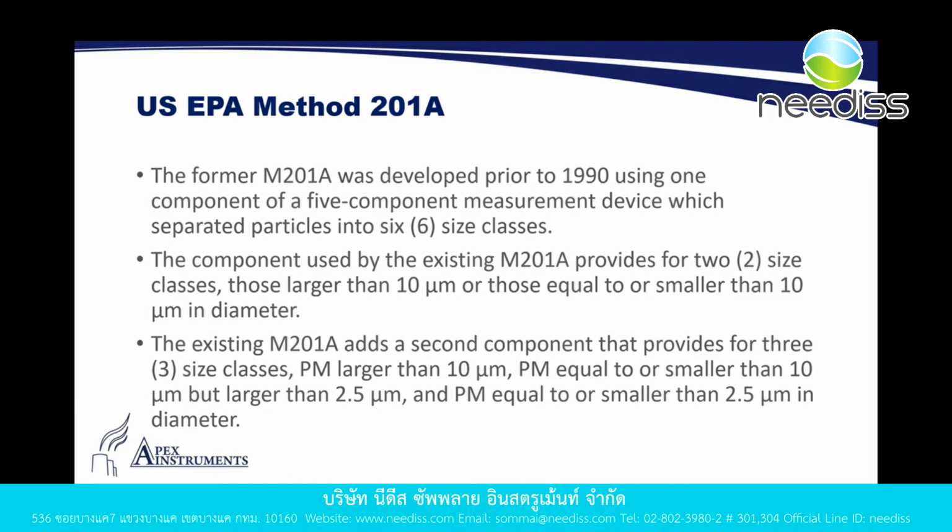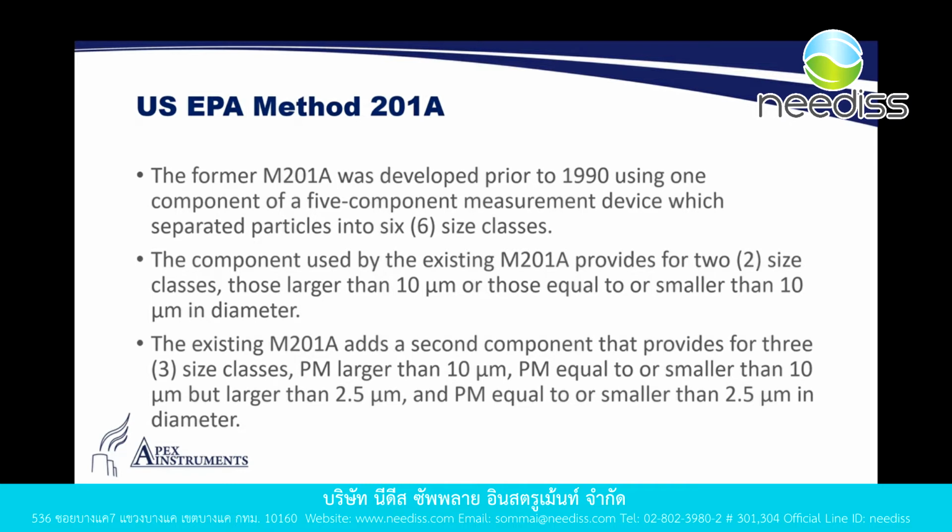So there, as you can see there in the second point, as I mentioned, the component used by the existing or current Method 201A provides for 2 size classes, those larger than PM10 or those equal to or smaller than PM10 in diameter. That is if you were using only a PM10 head, which I'll show you in a little bit. Method 201A also adds the parameters to use basically 2 cyclones in series.